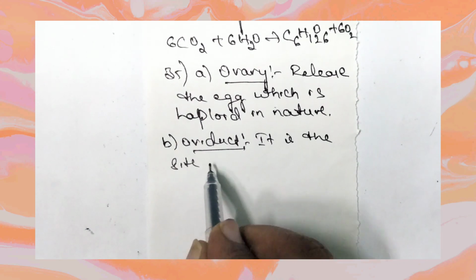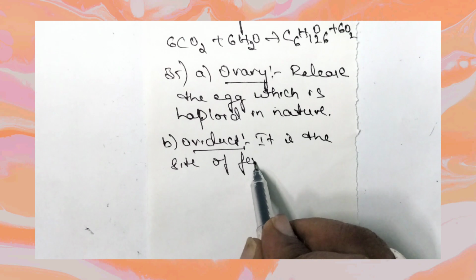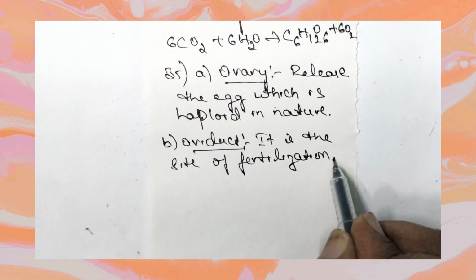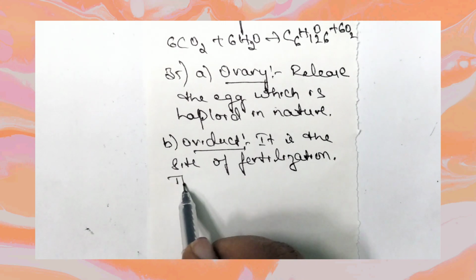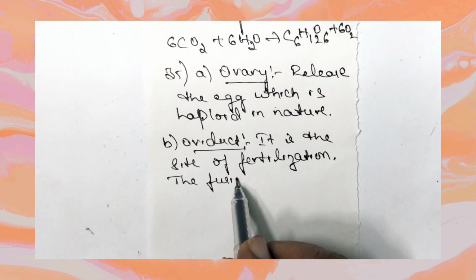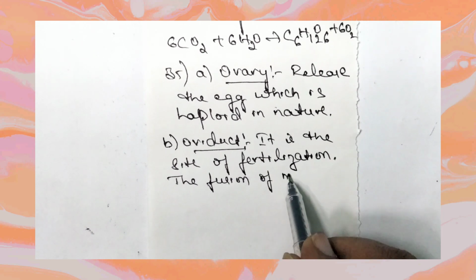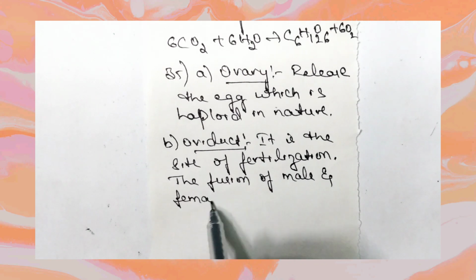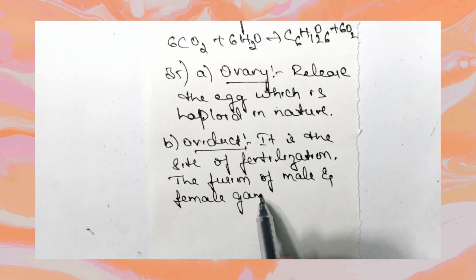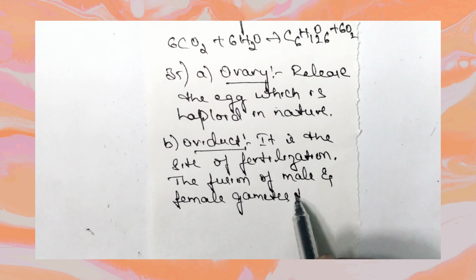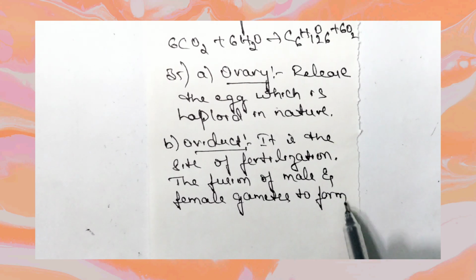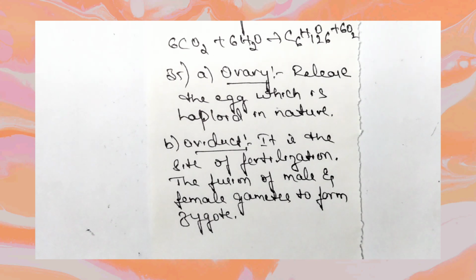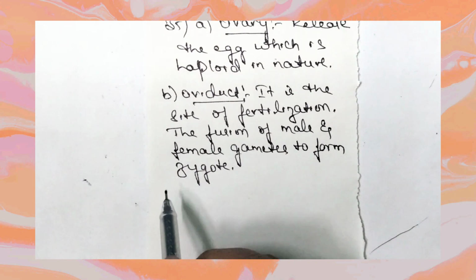It is the site of fertilization. Here the fusion of male and female gametes to form zygote. So the place where zygote formation happens is the oviduct or fallopian tube.